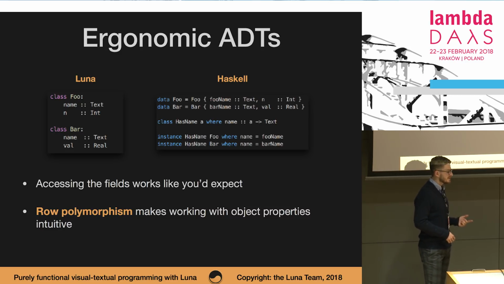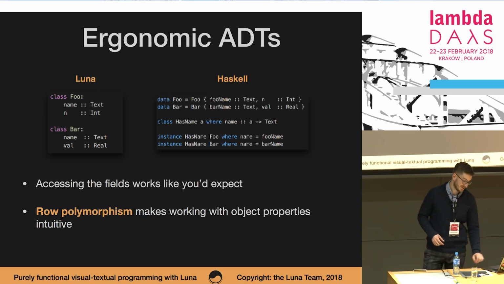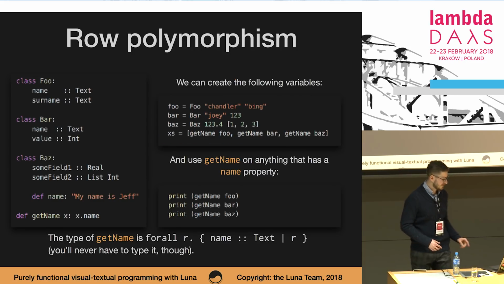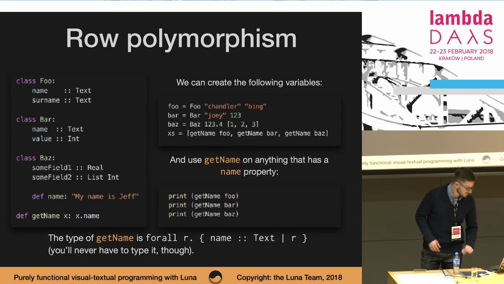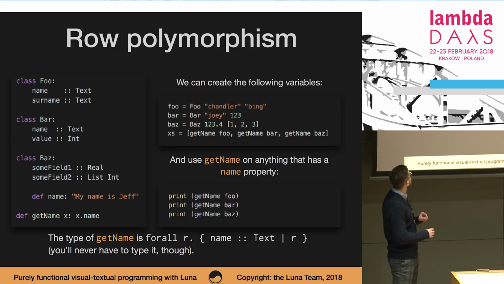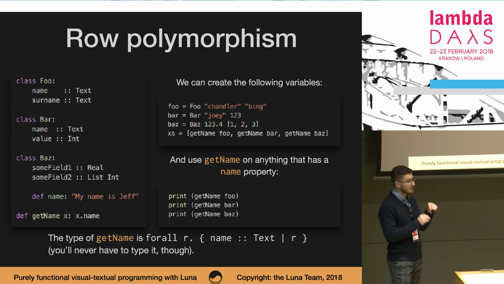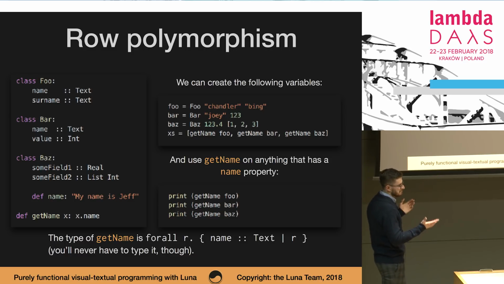What's more, we support row polymorphism, which makes working with accessors really intuitive, despite the fancy name. So imagine a situation like this. We're creating three data types, and the first two have the name property. The third one has the name method, but this shouldn't be any different, right?